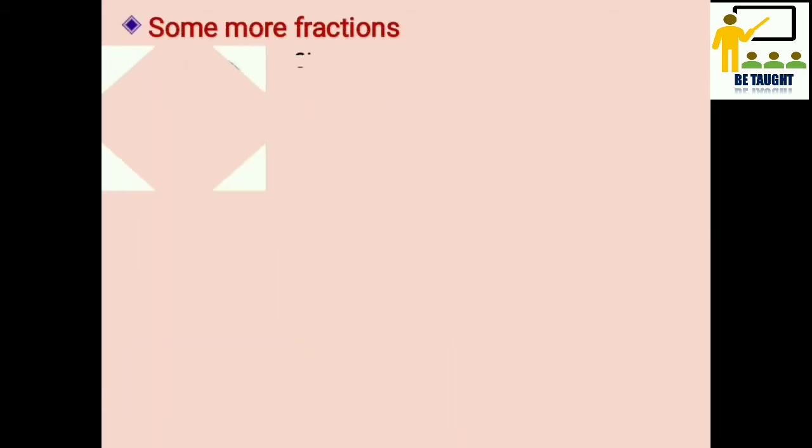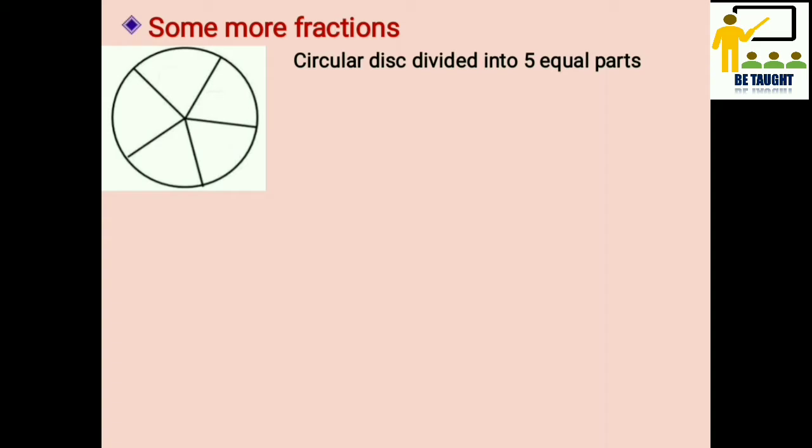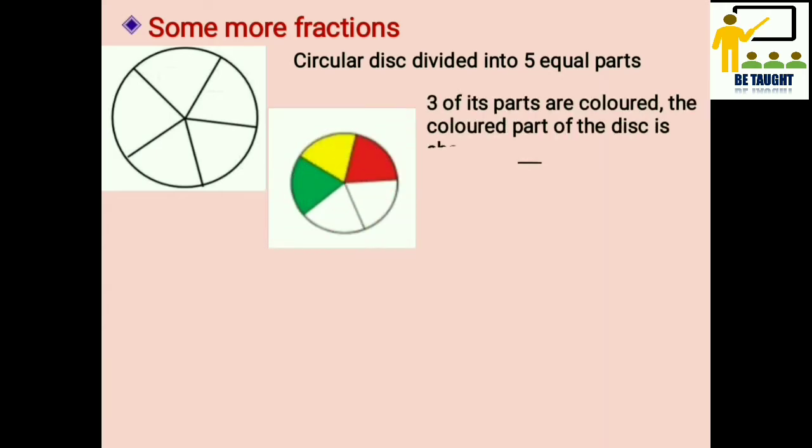Some more fractions. Now here a circular disc is divided into 5 equal parts. 3 of its parts are colored. The colored part of the disc is shown as 3 upon 5. So 1 upon 5 plus 1 upon 5 plus 1 upon 5 together make 3 upon 5 when we add it.